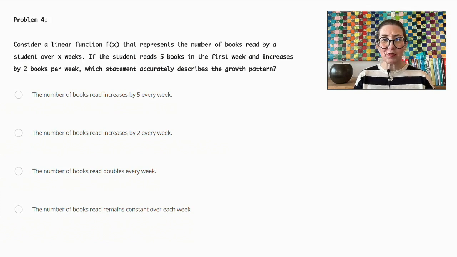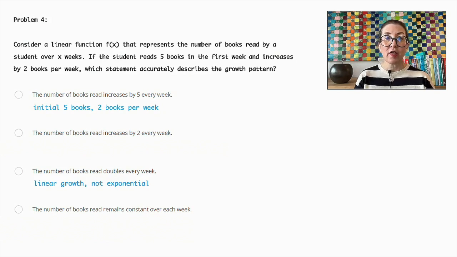First, the statement that the number of books read increases by 5 every week is incorrect. The increase is by 2 books per week, not 5. Second, the statement that the number of books read doubles every week is also incorrect. Doubling implies exponential growth, but this is linear growth. Third, the statement that the number of books read remains constant each week is also incorrect.